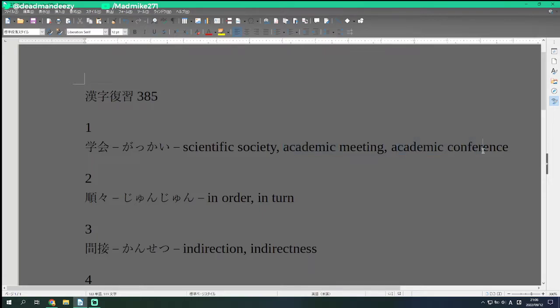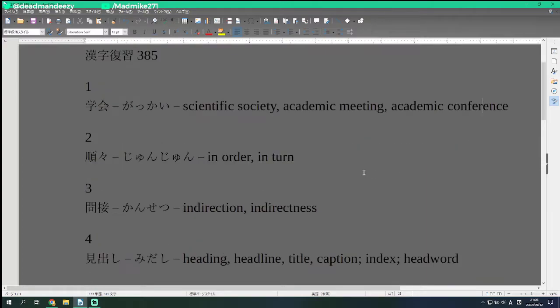Gakkai is an academic conference or academic meeting. Gakkai desu.